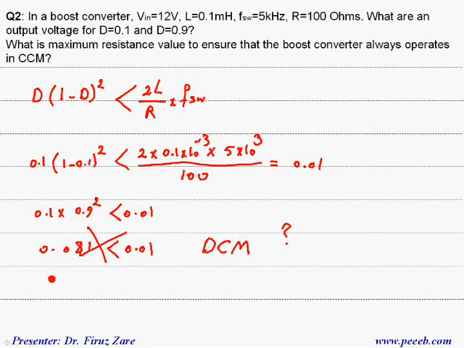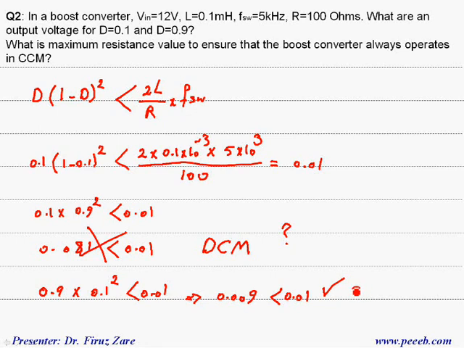So in this case, because 0.9 times 0.1 square should be less than 0.01, here we can see that 0.009 is less than 0.01. So that's correct.